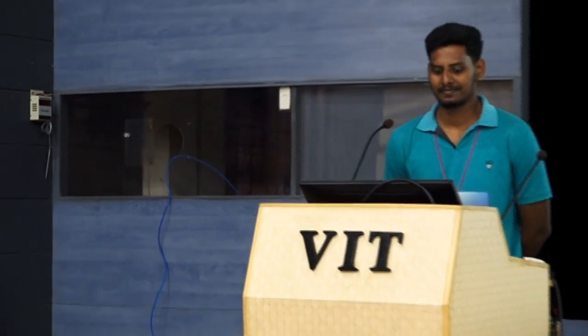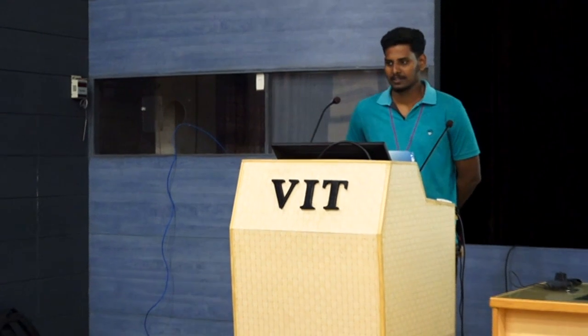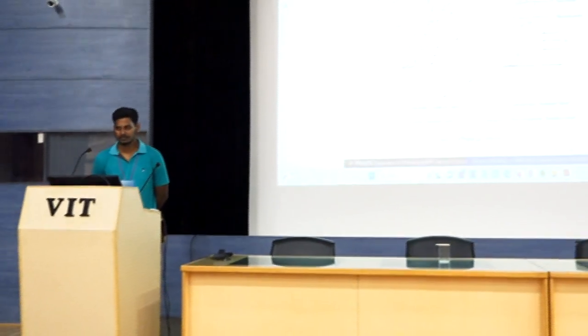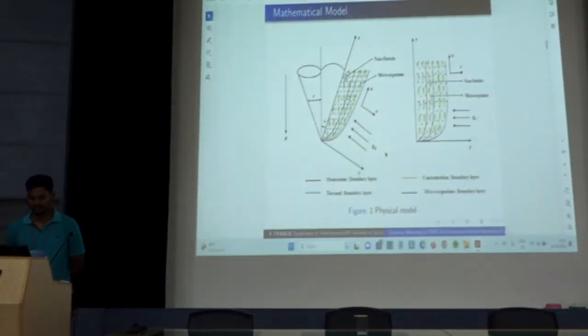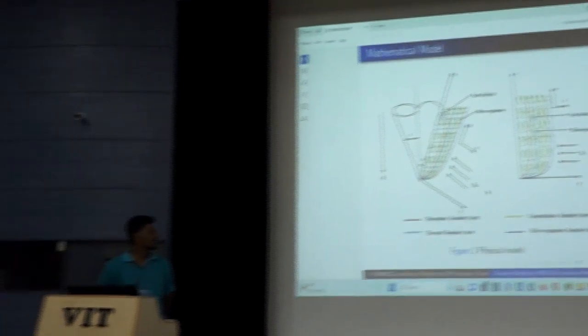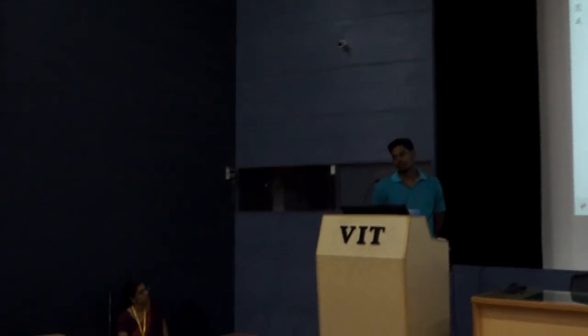Any other question from participants? Go to the geometry. So your horizontal axis is y? Actually, the y-axis is located perpendicular to the flow, sir.